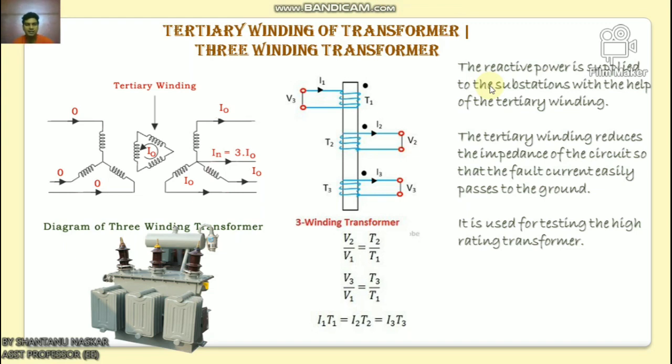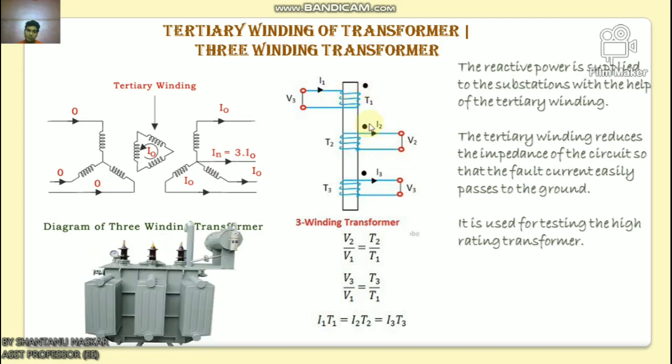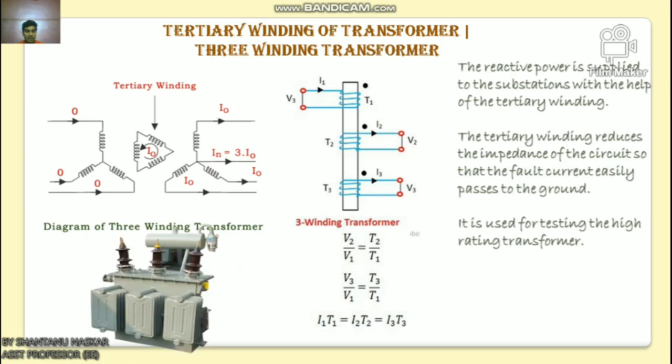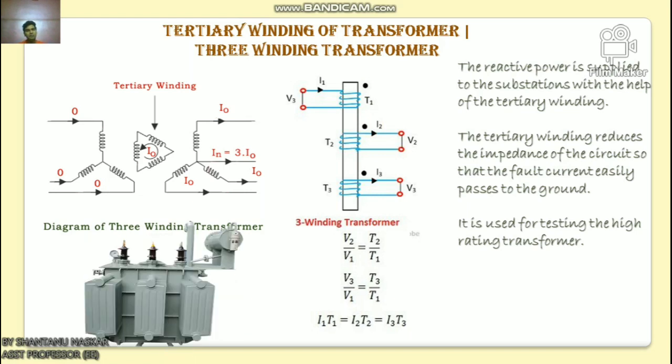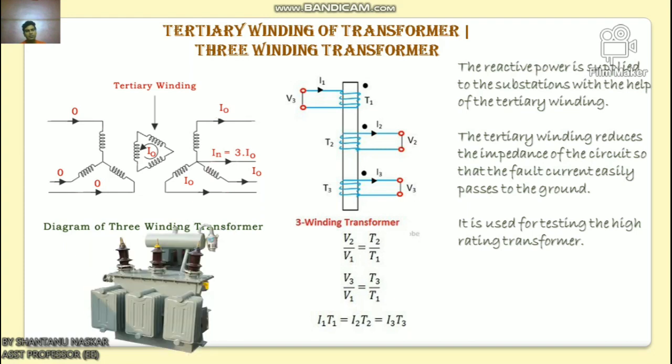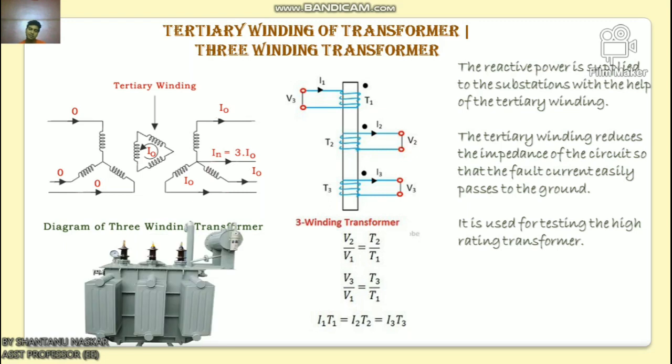The voltage ratings of all three windings are usually unequal. The primary winding has the highest voltage rating, the tertiary has the lowest voltage rating, and the secondary has the intermediate voltage rating. The chief advantages of this three-winding transformer are economy of construction and great efficiency.